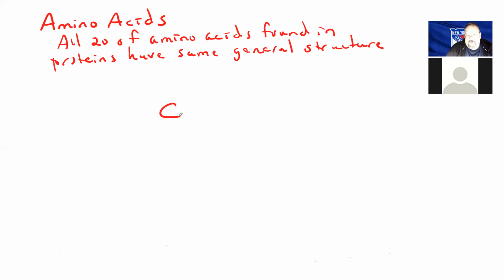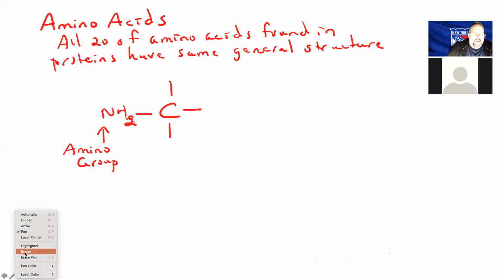You have a central carbon, and attached to the central carbon, you have 4 things. You have what is known as an amino group. Sometimes in organic chemistry, when you specify an amino group, it essentially has the form NH2.